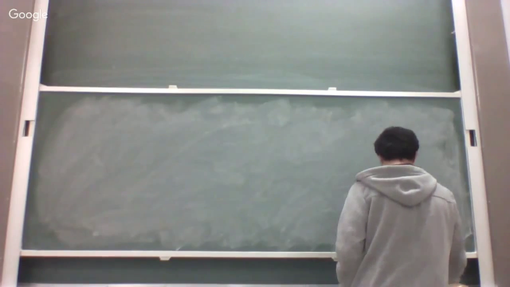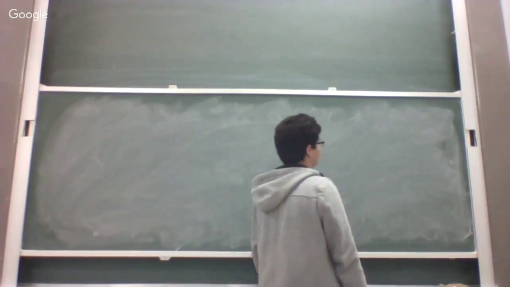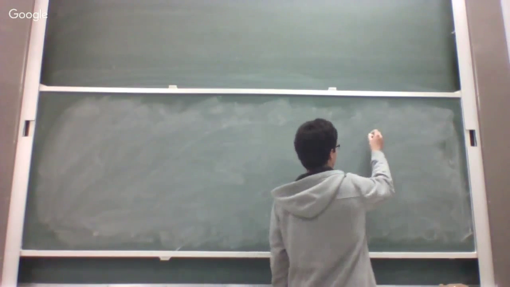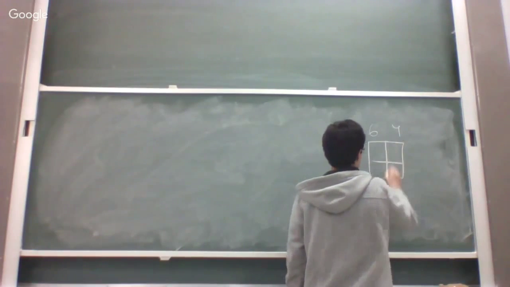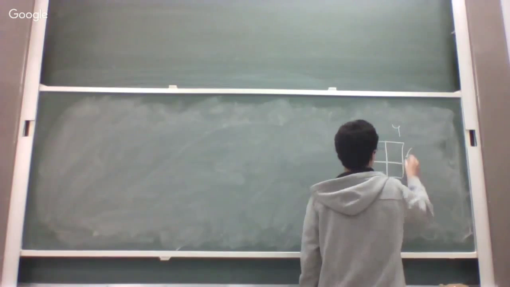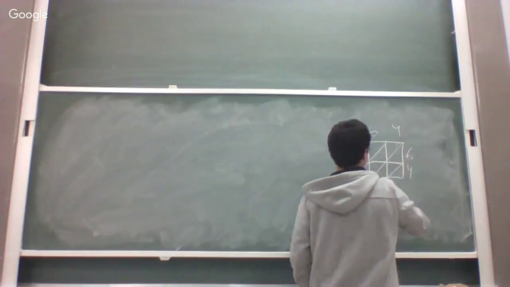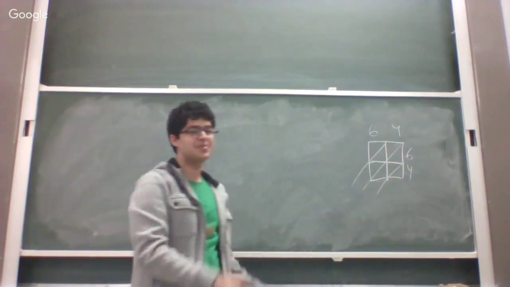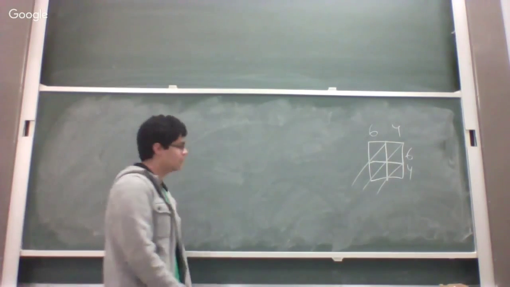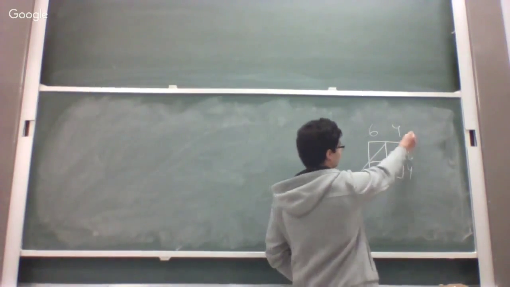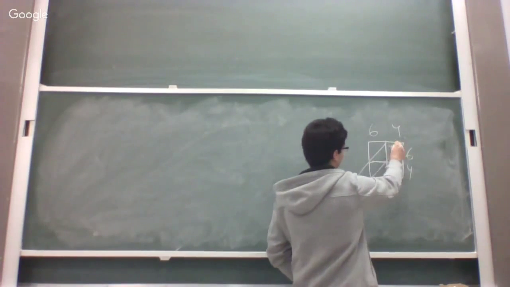The way I normally multiply 2-digit numbers is, do you guys know this method? So we got 64 times 64. What you do is you multiply 4 times 6, you get 24.